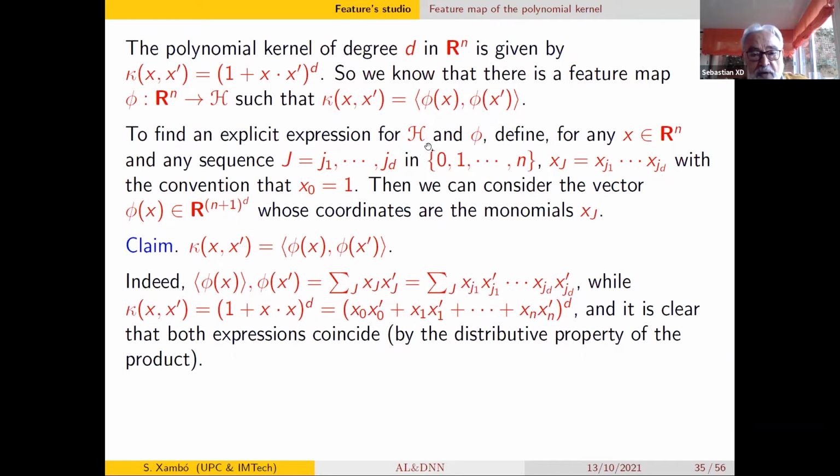Well, to find an explicit expression for H and phi, we define for any x in R^n and any sequence j1, ..., jd. Now it's a sequence of d terms, and these terms can be from 0 to n. It's a little different from what I explained in the previous slide. Well, having that, you define x_j as x_{j1} times up to x_{jd}.